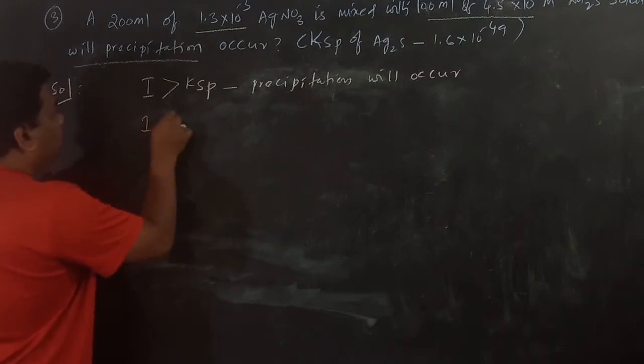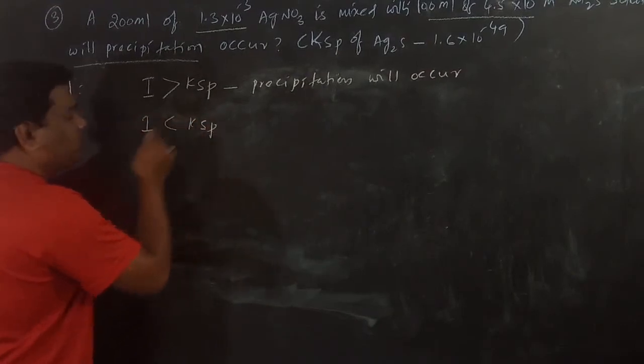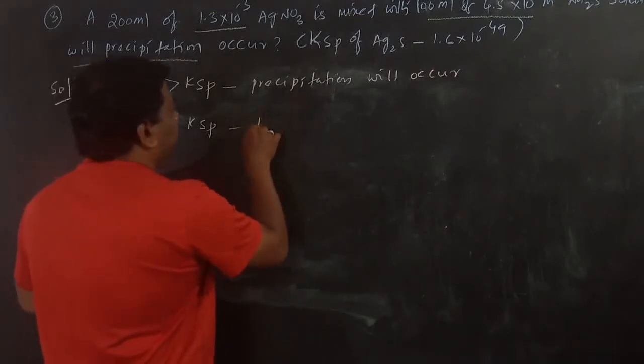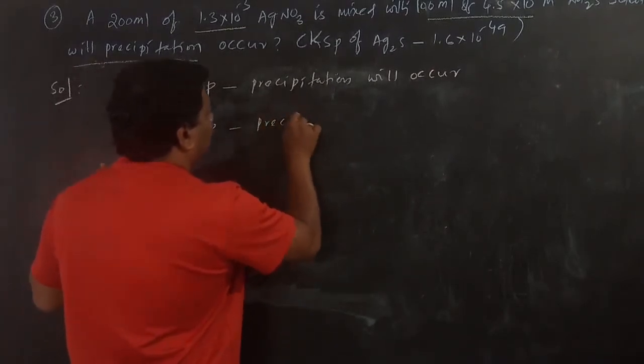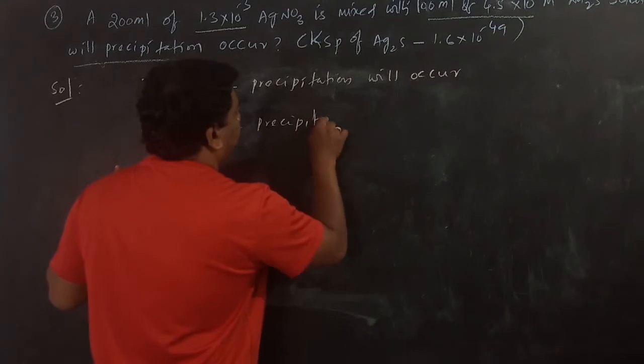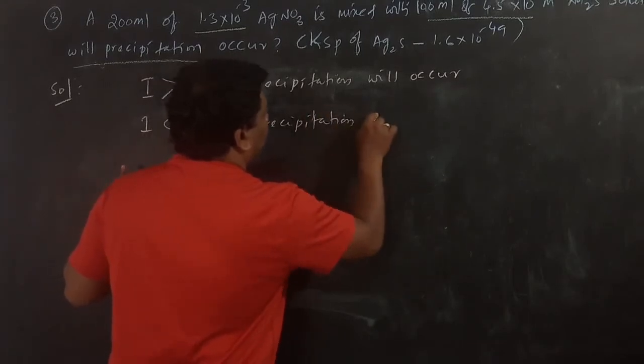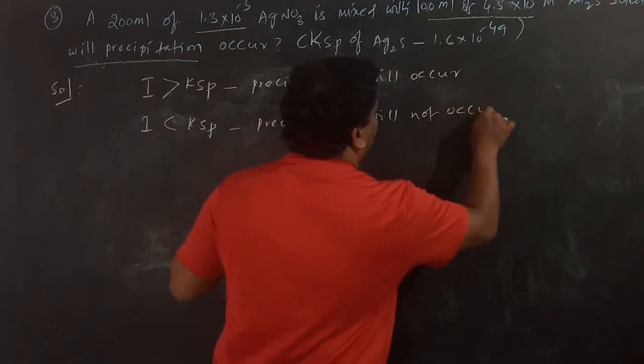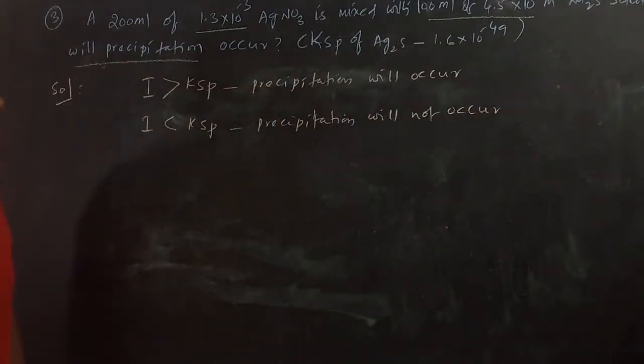Next, if the solubility product is higher than the ionic product, precipitation will not occur.